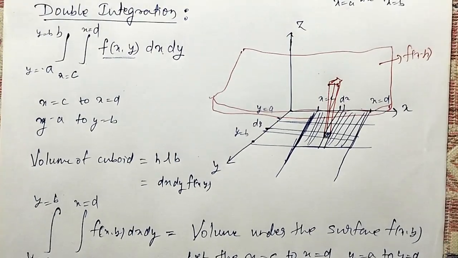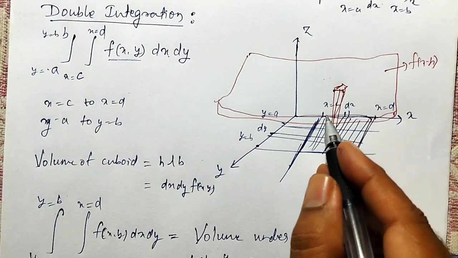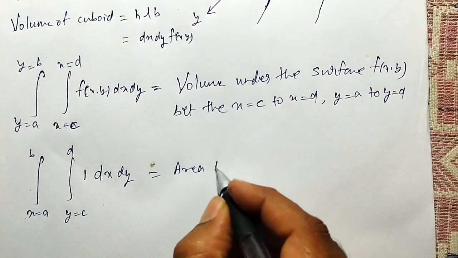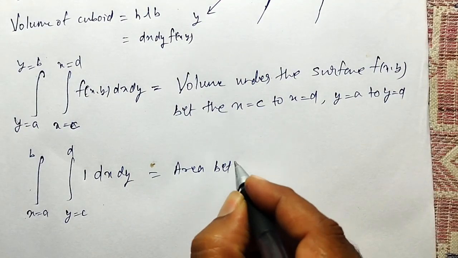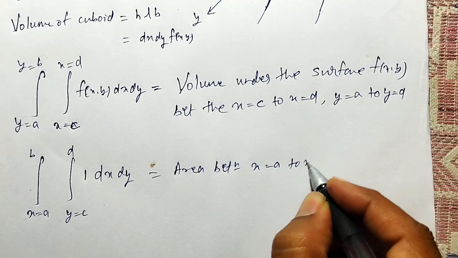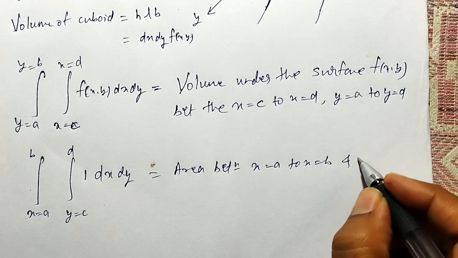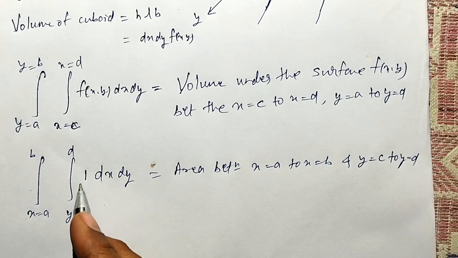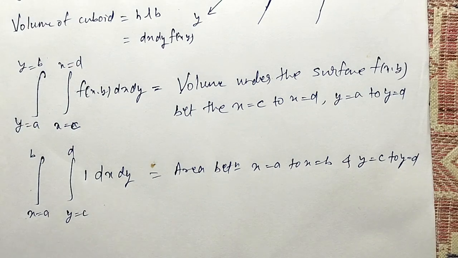That surface will become 1 here. Therefore, this will be given by this area, the area between x equal to a to x equal to b and y equal to c to y equal to d. If f of x equal to 1, then the surface will be on the same xy plane itself, and that is going to give you the area.